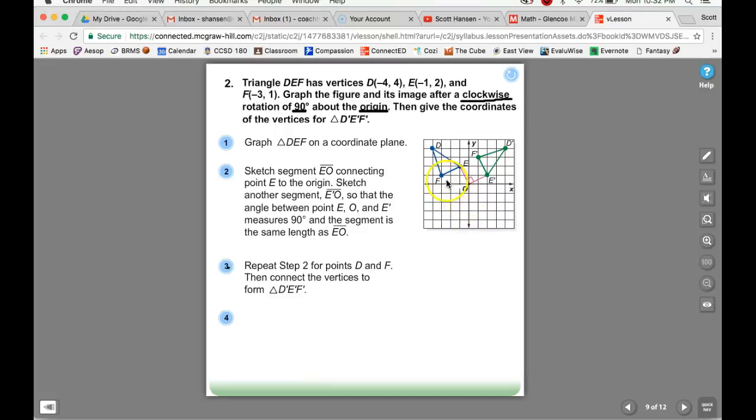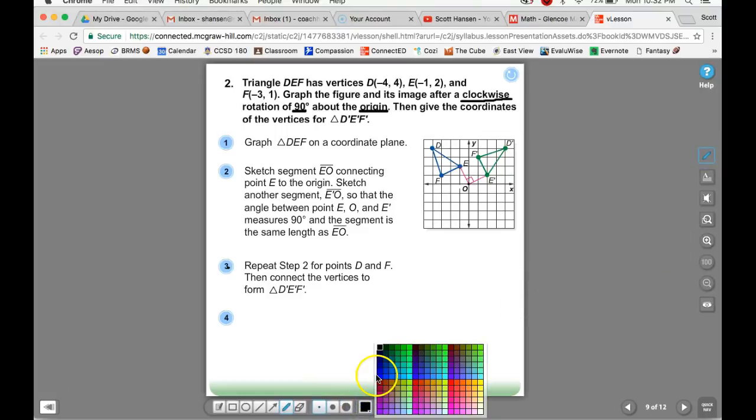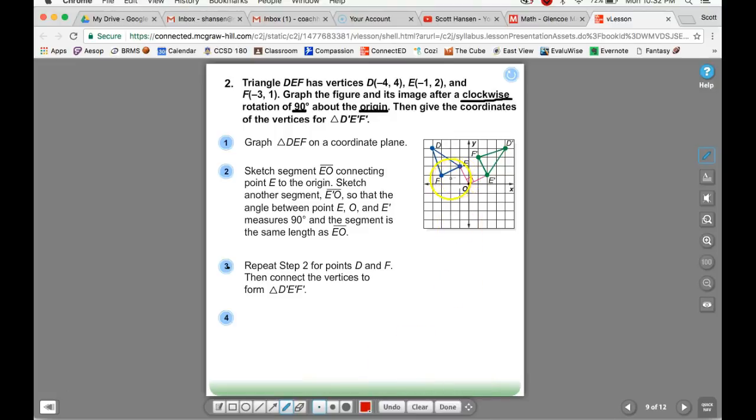You're going to take point F, and if you'll notice, I kind of have to draw it. You're going to construct a 90-degree angle. So first of all, you draw, let's use red, so that it looks like they're pink. You draw, connect this segment to the origin, okay?